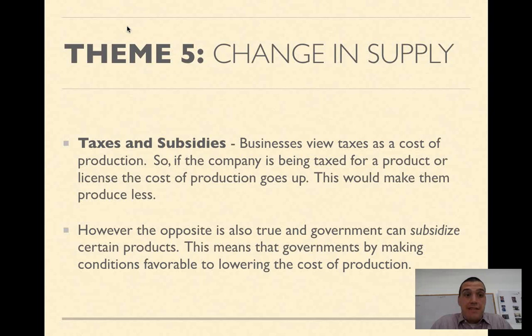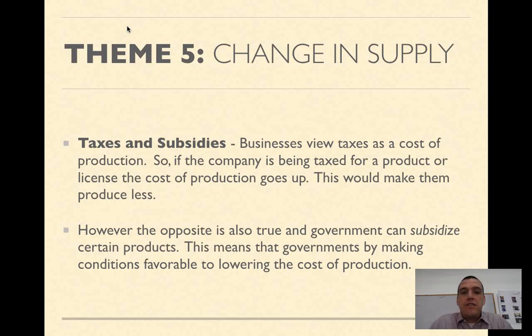Furthermore, taxes and subsidies can also determine changes in supply, because businesses view taxes as a cost of production. And again, the logic is straightforward here. If the company is being taxed for a product or license, the cost of production goes up. This is going to make them produce less. So say you're a German automobile company producing your product in the United States.